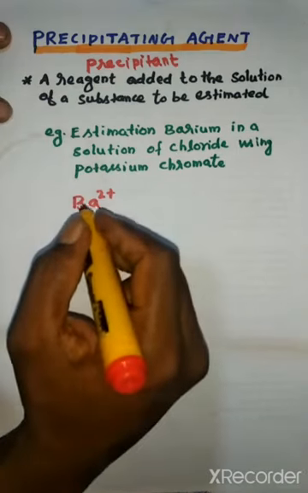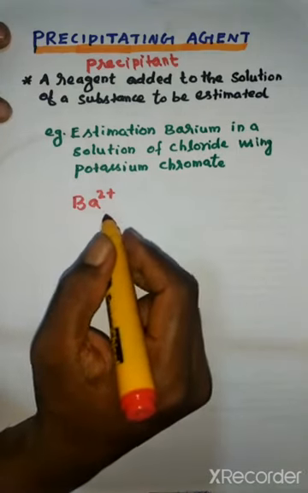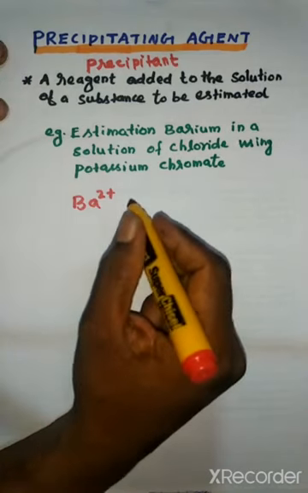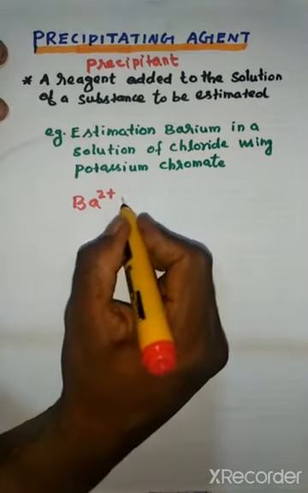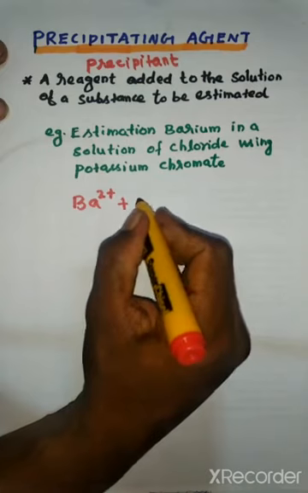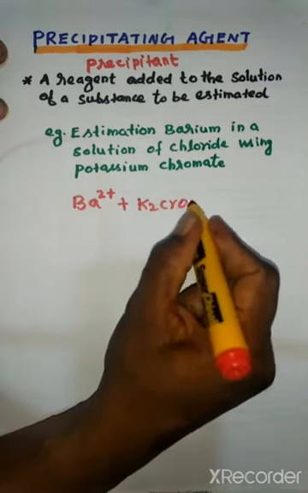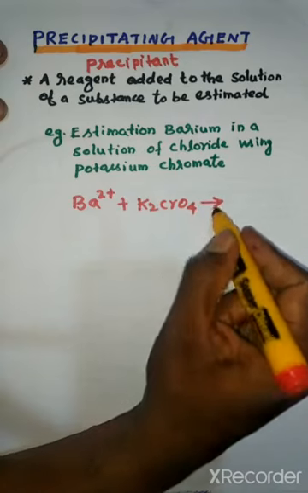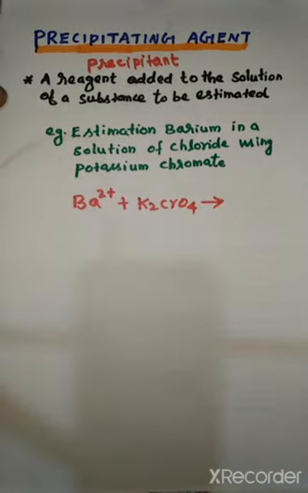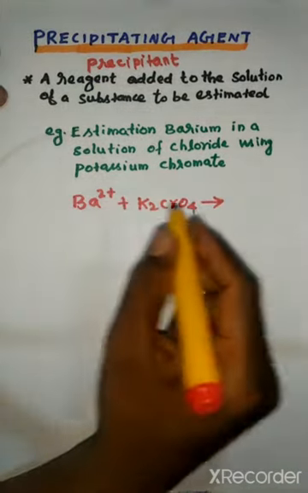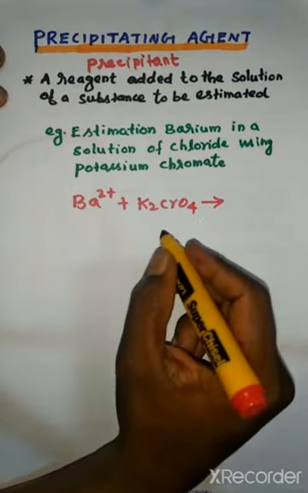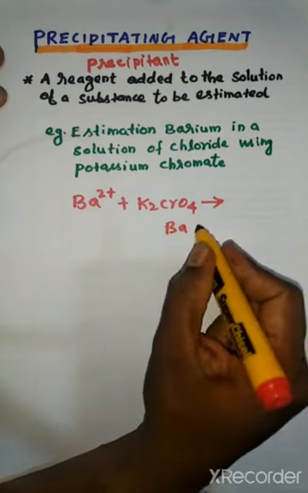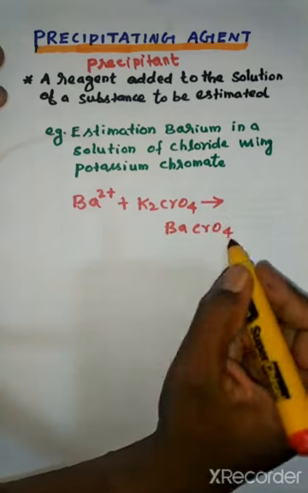To estimate the barium 2 plus ion, we use potassium chromate to precipitate it, and the barium 2 plus is precipitated as barium chromate.